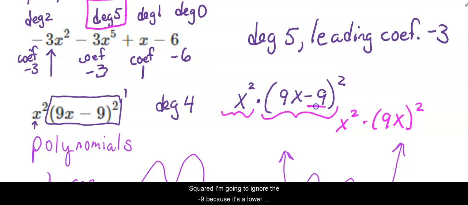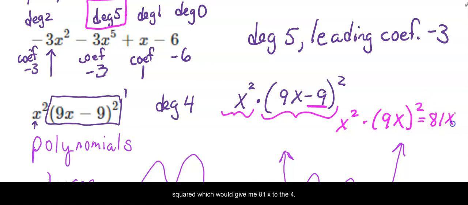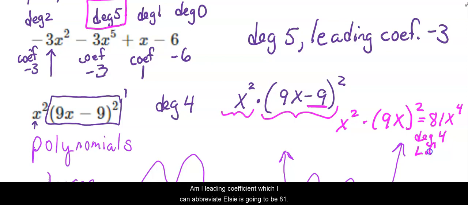I'm going to ignore the minus 9 because it's a lower degree and it's inside the factor 9x minus 9. The 9x squared would give me 81x squared times another x squared, which would give me 81x to the fourth. The degree then will be 4, and my leading coefficient, which I can abbreviate LC, is going to be 81.